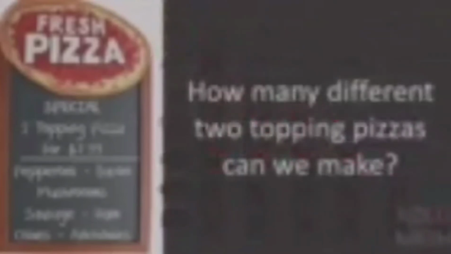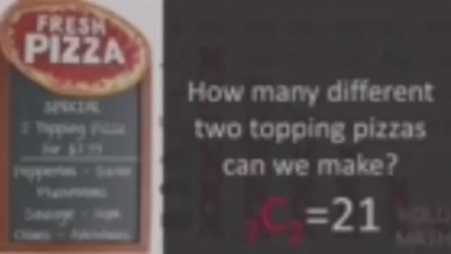The different combinations that can be made are listed here. Again, we cancel out the doubles. Notice that we lose half of our options. And when we try to answer the question, how many different 2-topping pizzas can we make? We know there is 7C2, or 21.